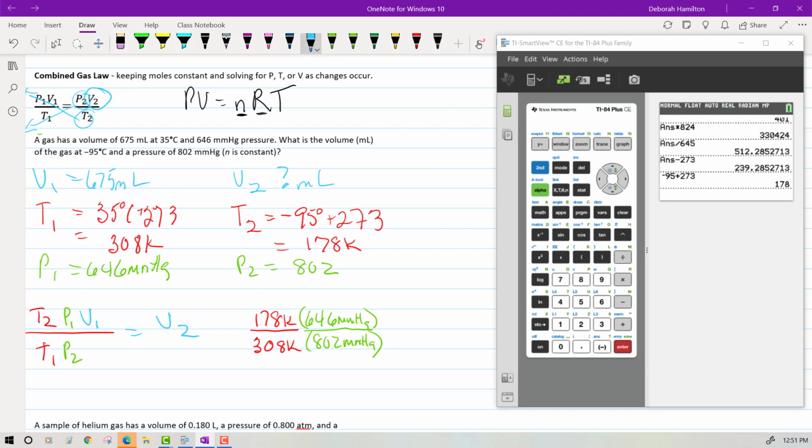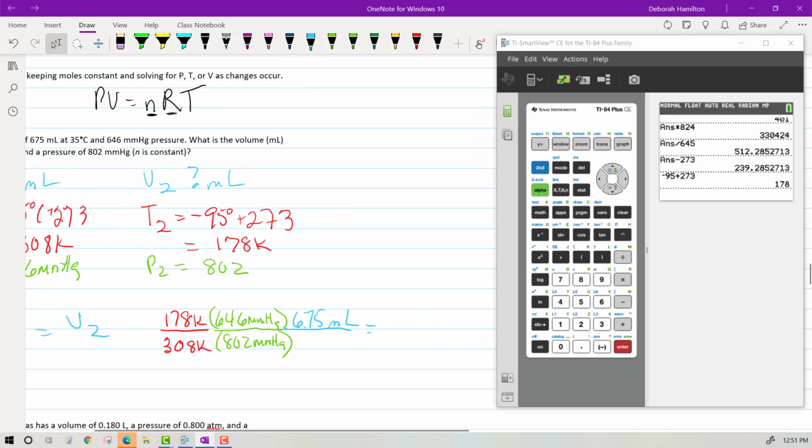And then finally we have volume. The first volume is 675 mLs. Whoops, let's get the 5 in there. Okay. All right, so double check and make sure everything is in the right position.